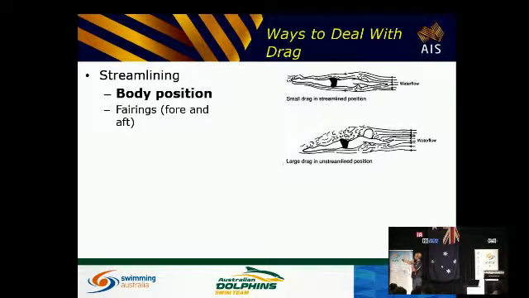When I do talk about form drag, this gives you a good example of what's actually happening with form drag. Because really what it is, is the pressure difference between the bit of water in front of the body and behind the body. So in this situation where you've got all this turbulent water through here, that's really low pressure, and you've got high pressure up at the front.